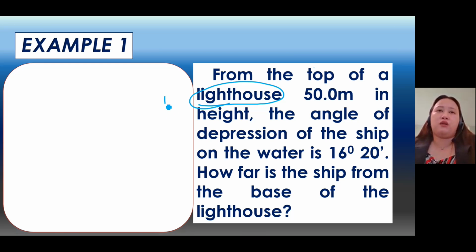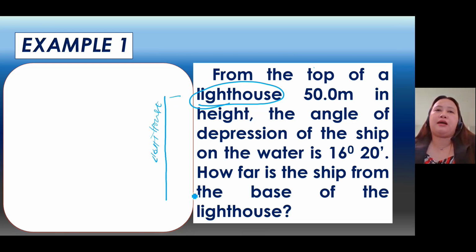So we already have the lighthouse. You can draw it as a line, it is up to you. But again, your goal is to come up with the right triangle. So say that this is the lighthouse.